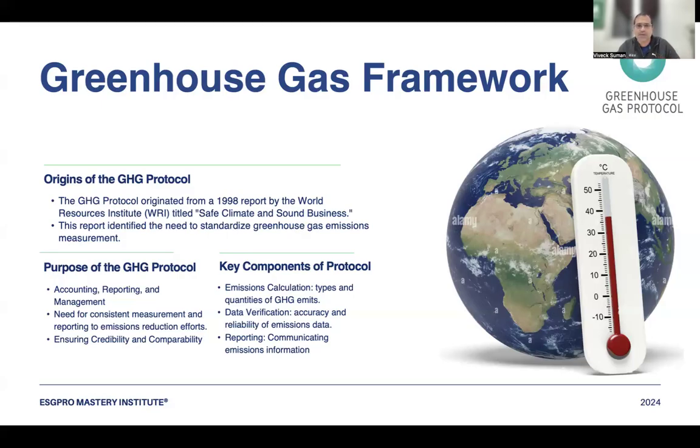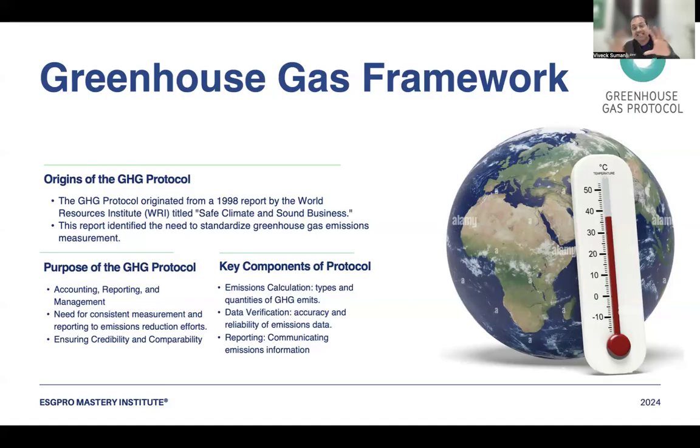A key component of the protocol is emission calculation, which we will learn now, which gives different types of calculation, quantification of GHG emissions. The second component is data verification. It also advises you how to verify those numbers. It doesn't have a separate document for verification; they have created an inbuilt system. There are different types of data collection: tier 1, tier 2, tier 3.